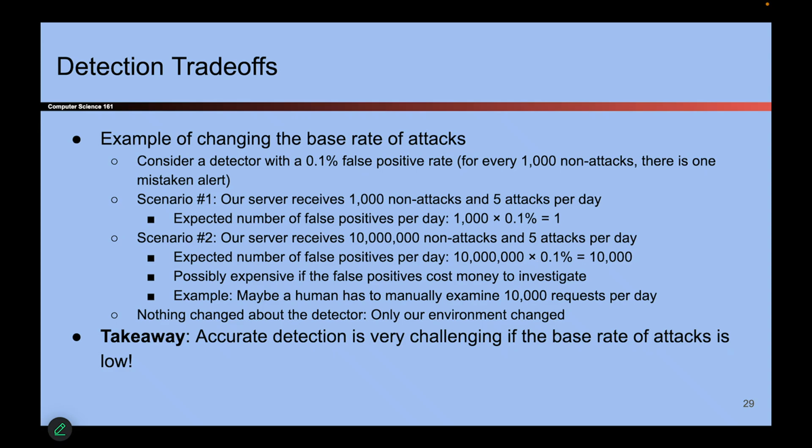Now, one final takeaway from this whole kind of fallacy section is that detection is really hard if the base rate of attacks is low. What we mean by that is if you have a system where there are just so few attacks, like 5 out of 10 million and 5 in total, that rate of attacks is so low that accurately picking out those 5 is extremely difficult.